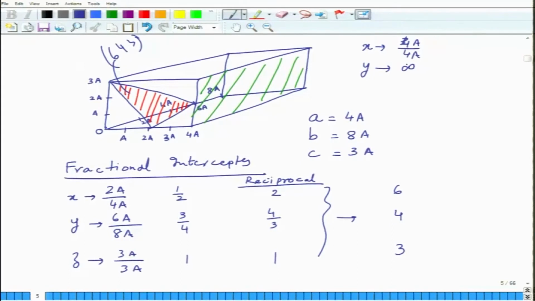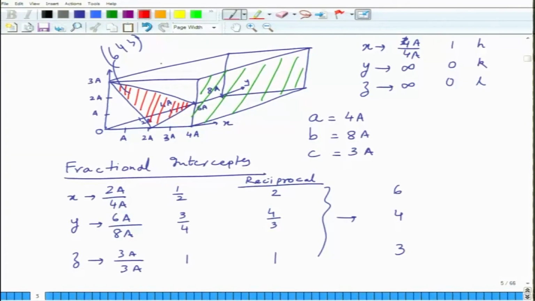Infinity. What is the fractional intercept along z? It is parallel to z. This is z, this is y, so the reciprocal is 1, 0, 0. So this is h, this is k, this is l. This is the 1, 0, 0 plane.